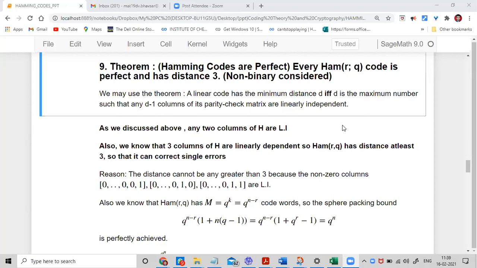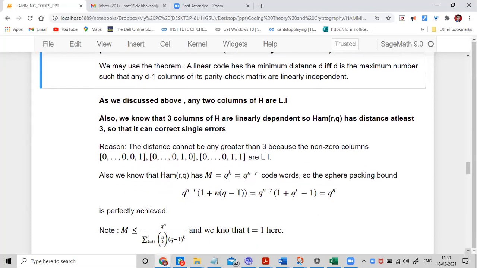You can see it in the last line: 1 plus, now the distance is t equal to 1 here. So distance 0 and distance 1, those are the code words that will be there, right? So he wrote n plus n into q minus 1. I hope you remember that q minus 1 part, how we did it.